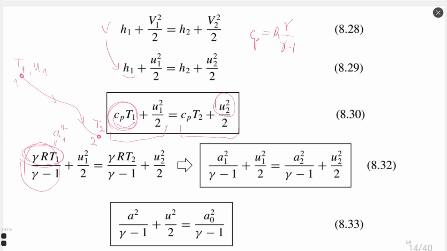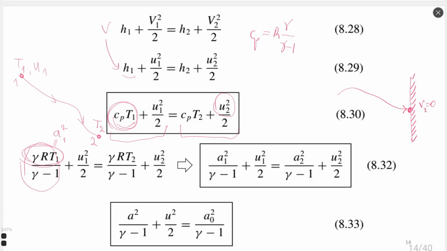One specific case we may assume if we imagine point 2 as a stagnation point. I build a wall, so my flow from somewhere impacts on this wall, velocity is equal to 0 at point 2.